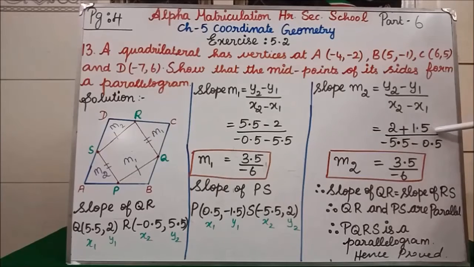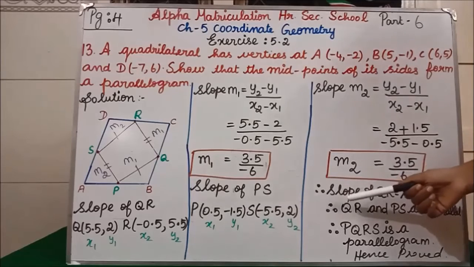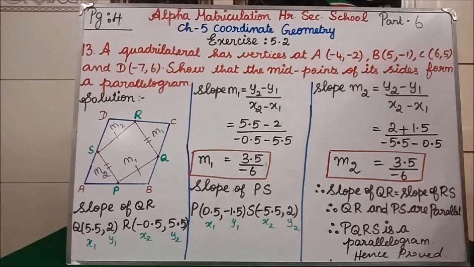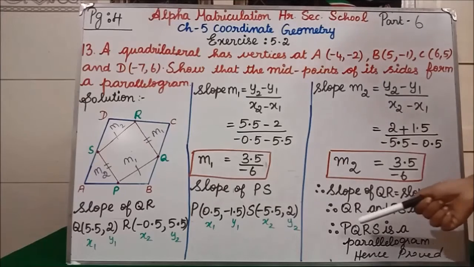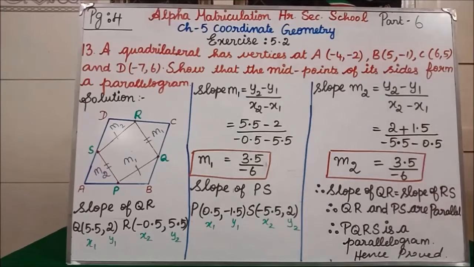So 2 plus 1.5 is 3.5, divided by minus 5.5 minus 0.5, which is minus 6. Clear? Therefore, slope of QR is equal to slope of PS. So which means what? QR and PS are parallel. Therefore, we can conclude that PQRS is a parallelogram. Clear?